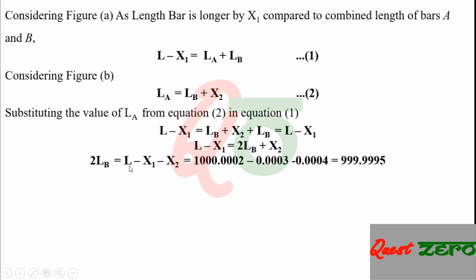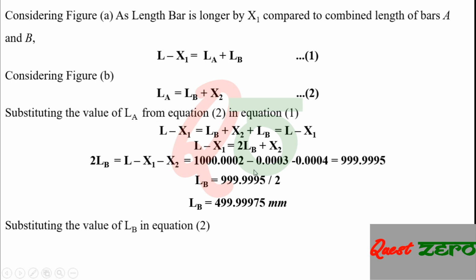So when I substitute the values of L, x1 and x2, I'll get 999.9995 for 2LB. Dividing by 2, LB is 499.99975 millimeters. Once I obtain LB, I can obtain LA by LB plus x2, which is equation 2. Substituting the value of LB in equation 2 gives 500.00015 mm. So this is the solution for the given numerical.